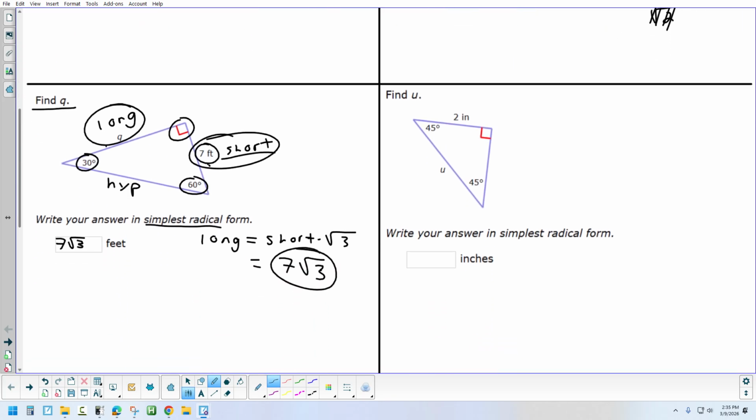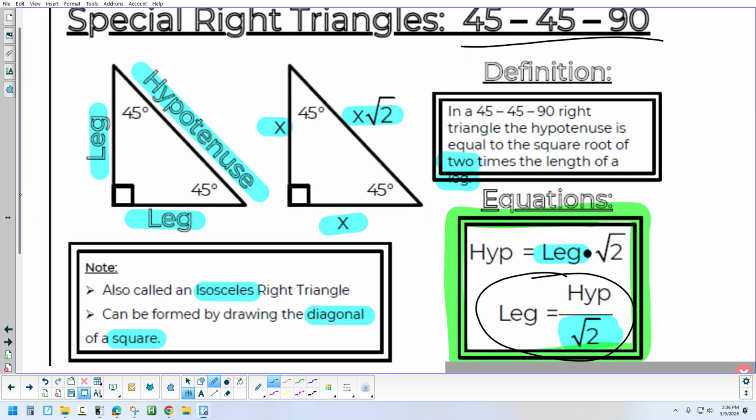Okay. This side that's 2 inches, what do we call that side? Hypotenuse or leg? Leg. How about the side that's labeled U? What do we call that? Yep, hypotenuse. So now we've got to look up our formulas and see, is there a formula to find the hypotenuse using the leg?